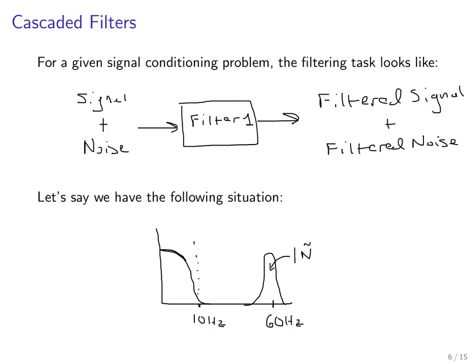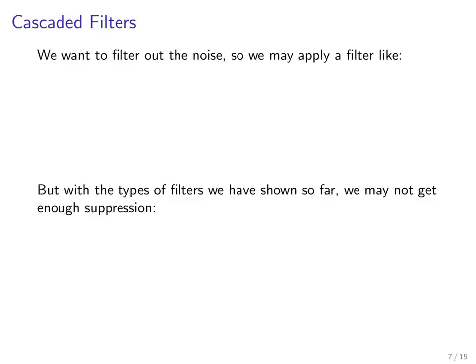This is the Fourier transform of the noise, the right curve, and this guy is the magnitude of the Fourier transform of the signal. So the goal of filtering is to suppress the noise, right? So we want to filter out the noise.